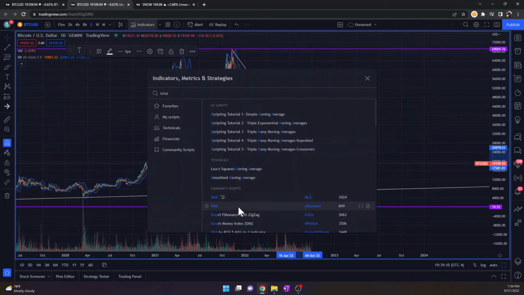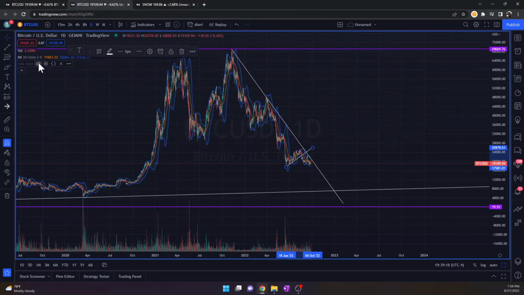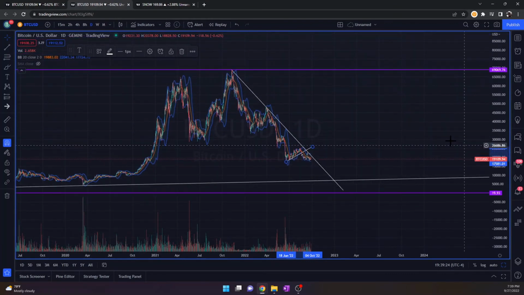Whoa, no, maybe not. That was not the one I was looking for. Oh, yeah. Okay, so let's take a look at these Bollinger Bands here.